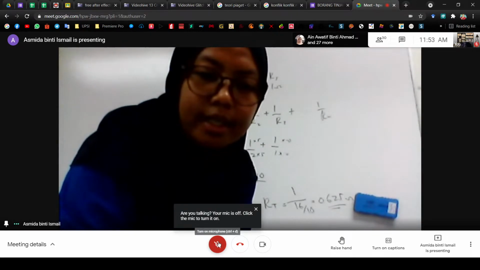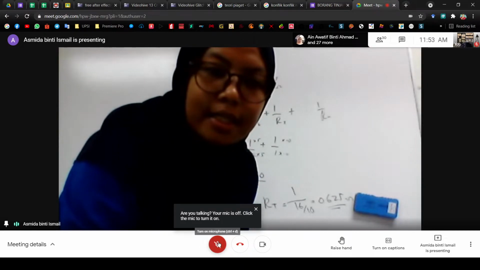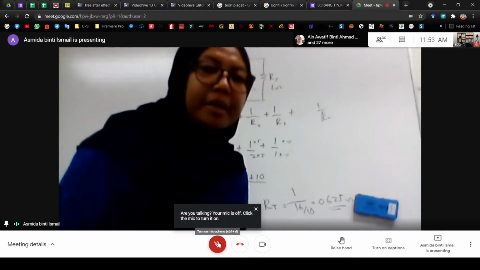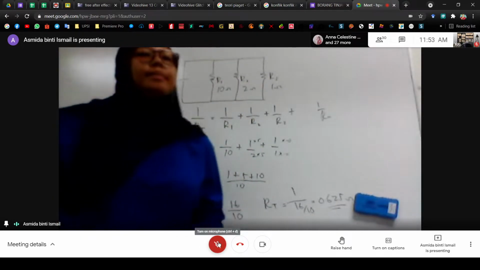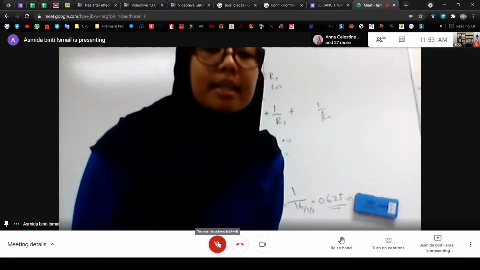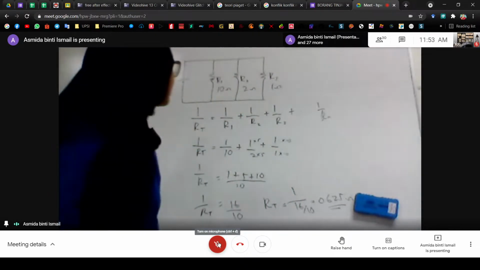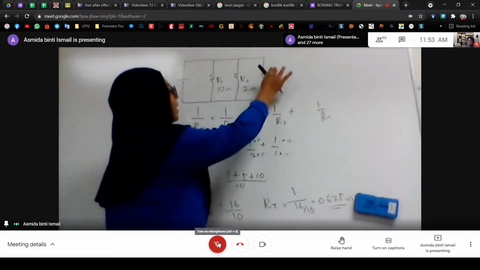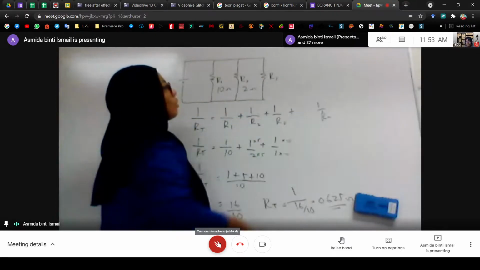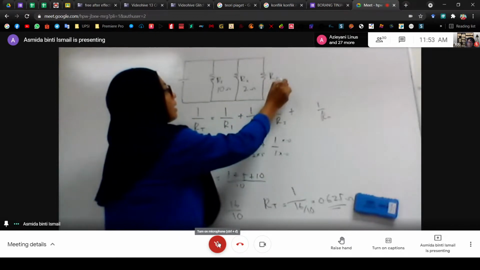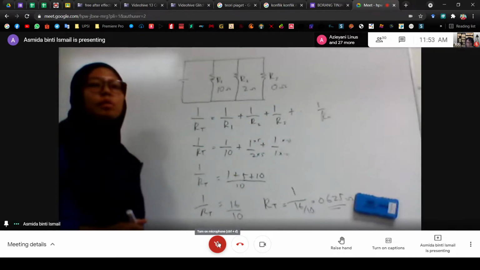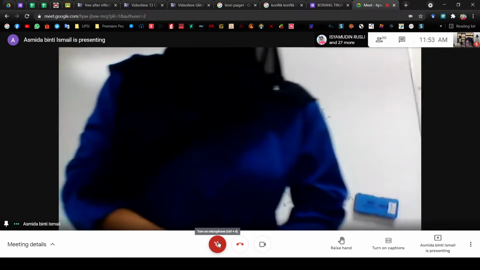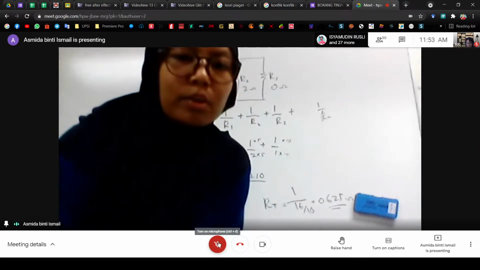Okay. We go to the next slide. Okay. For this case, here we connect with the R is equal to 0 ohm. Watch out for the branches with 0 resistance.